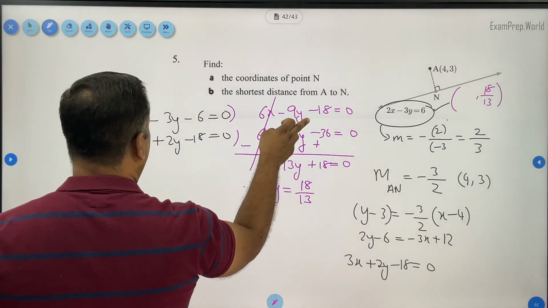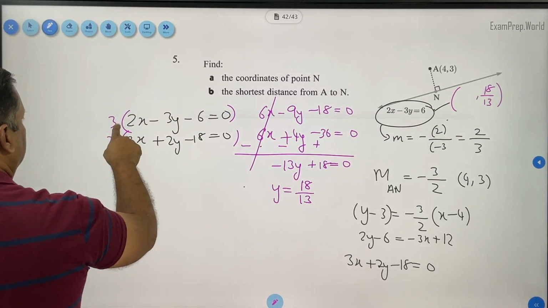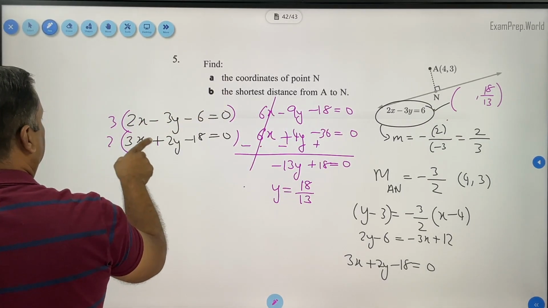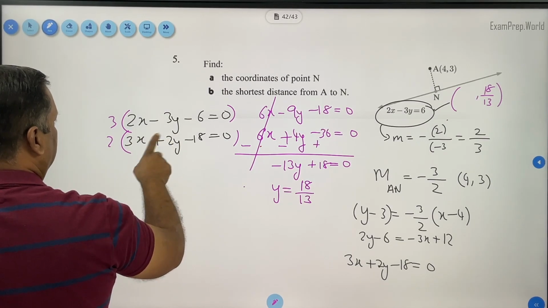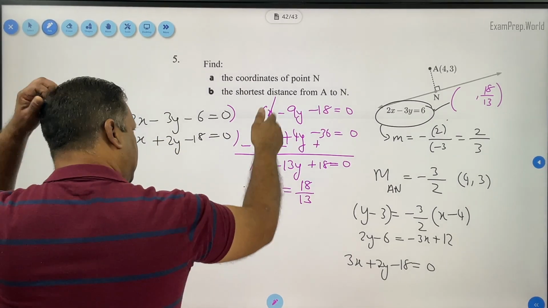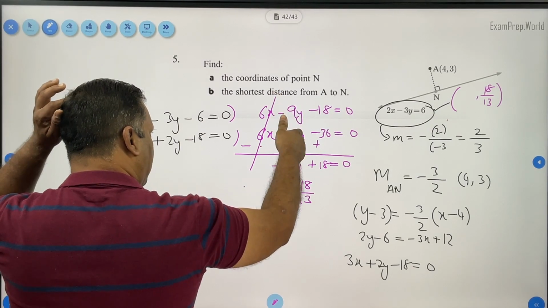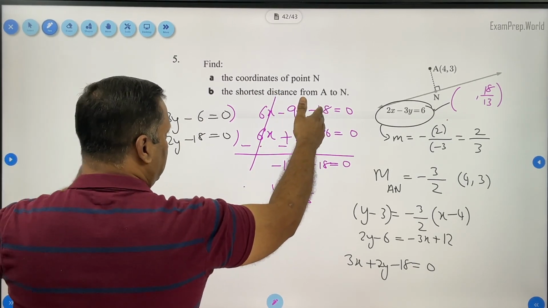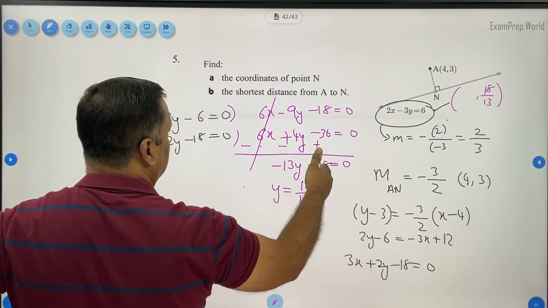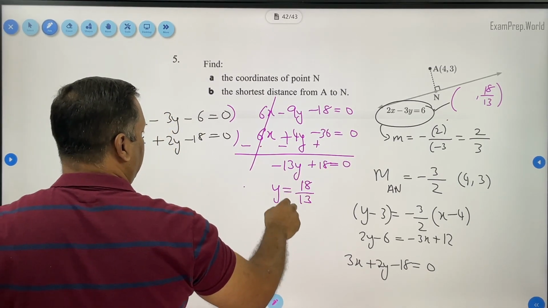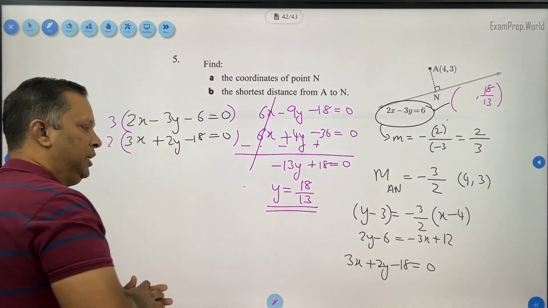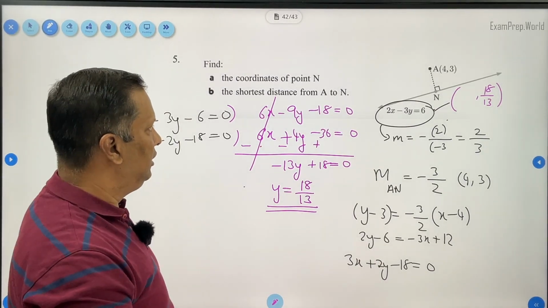Multiplying gives 6x minus 9y minus 18 and 6x plus 4y minus 36 equal to 0. 6x gone. Negative 9 and 4 is negative 13, and plus 18 goes there. Negative by negative, y is 18 by 13. So it's correct.